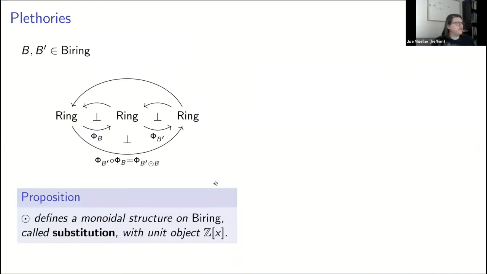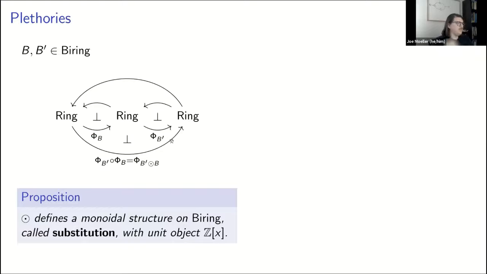So now that I've told you what a biring is and I've given you a few examples and what you can do with them, I can tell you what a plethory is. First of all, if you have two birings, they have these right adjoint lifts, and if you compose two right adjoints, the composite is also a right adjoint.